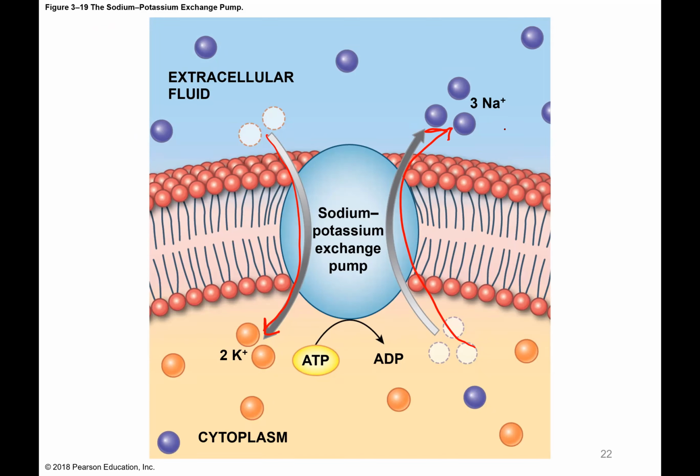You end up with a positive charge outside the plasma membrane because you have more sodium, more positively charged ions, on the outside than you have on the inside. That builds up a charge difference across the plasma membrane. That becomes really important when we talk about neurons. Neurons is the big one.